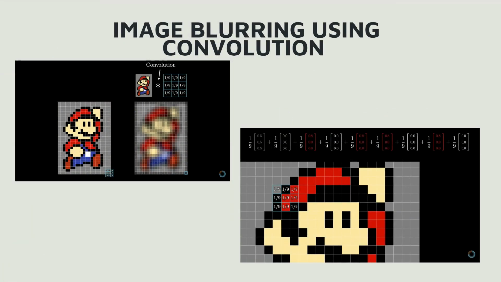So, anyway, image blurring using convolution. Here we have the popular video game character Mario. Now, I'll show you how you can blur this image using convolution. It's simple really. What is an image? It's just a collection of pixels, right? And each pixel has either an R or a G or a B, that is red, green, or blue.